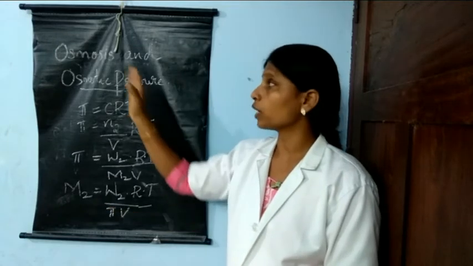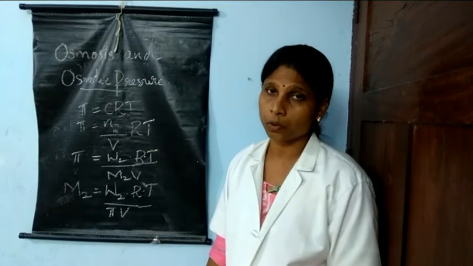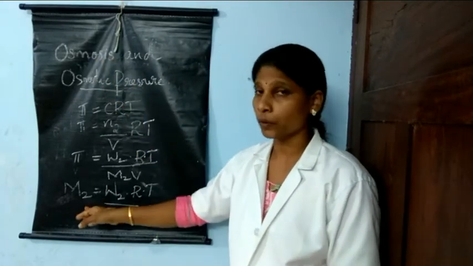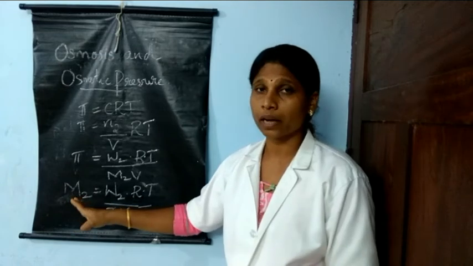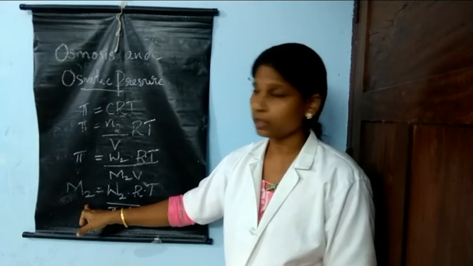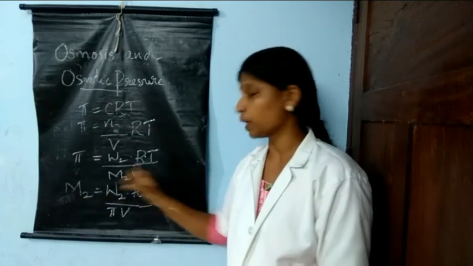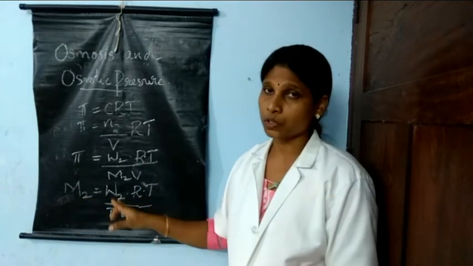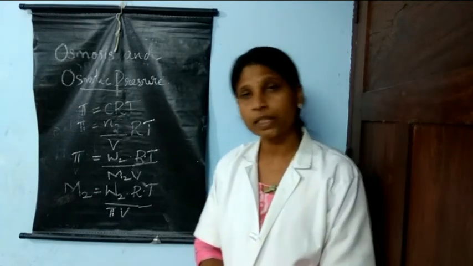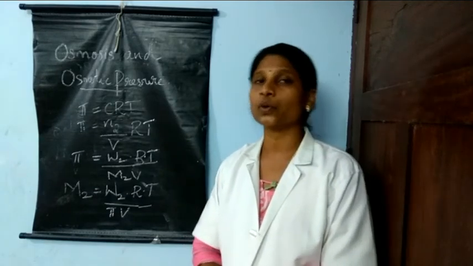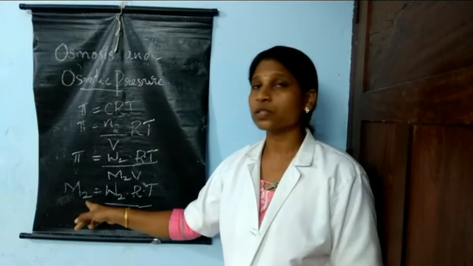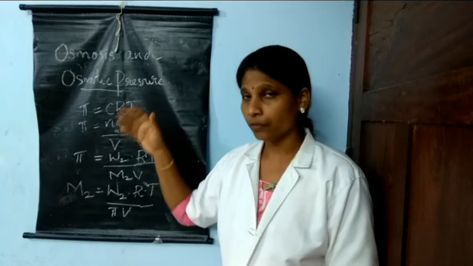Therefore, we can observe osmosis in biological processes, as a natural phenomenon. Using this equation we can calculate the molar mass of unknown solute. Clear? So, we have discussed 4 colligative properties, and in all of them, what we derived is the molar mass of unknown solute, in different ways.